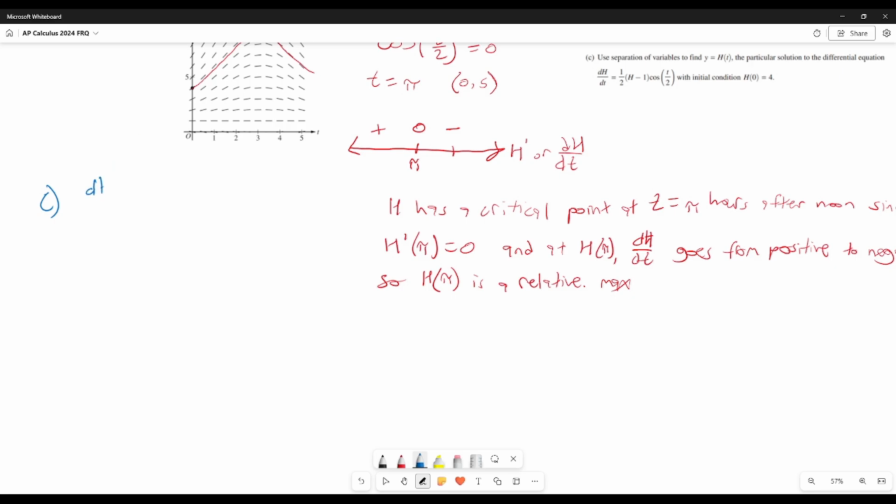So, always start out just with the original equation it gives you. And then we are going to separate.